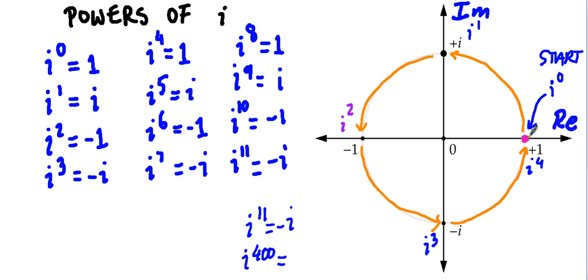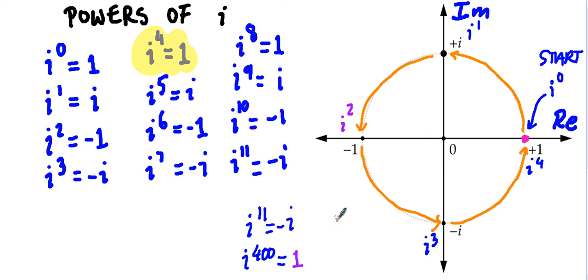Well, I could go and count 400 times, but what I will do is just do this: 0, 1, 2, 3, 4. i to the power of 4 equals 1. And if somebody wants me to count till 400, well, 400 is just going to be 100 circles ending up in the same place. So i to the power of 400 is going to be the same as i to the power of 4. So it's just going to be 1.